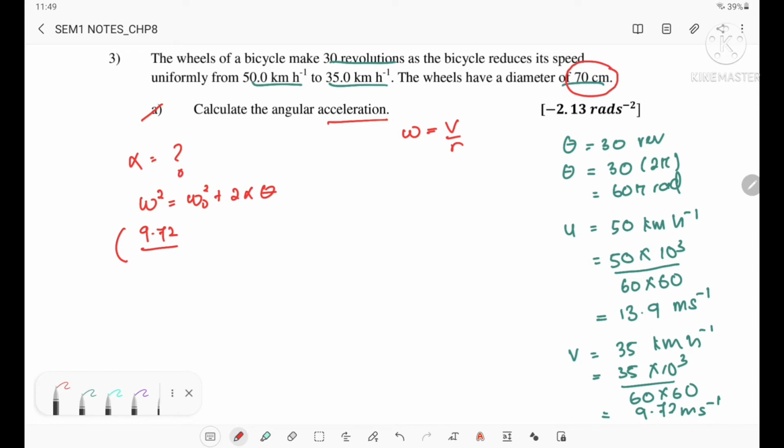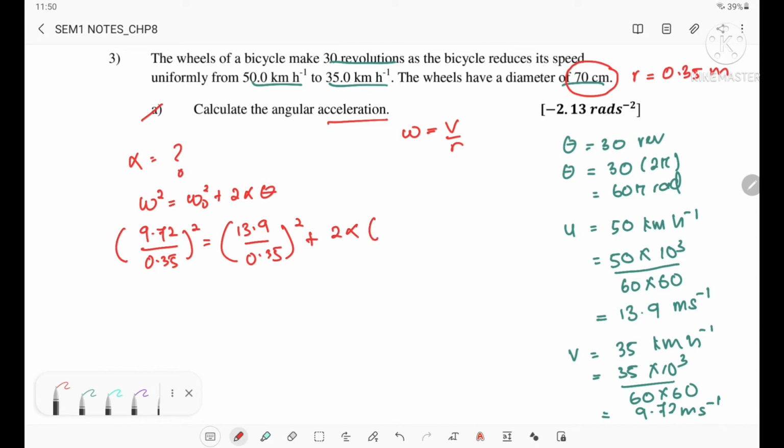We have 0.35 here from the question. Given is 70 centimeter in diameter, so you need to get the radius, convert into meter. So the radius is going to be 0.35 meter. So substitute here 0.35. Don't forget to square. And for the omega naught or initial angular velocity, 13.9 divided by 0.35, squared, plus 2 alpha and theta.